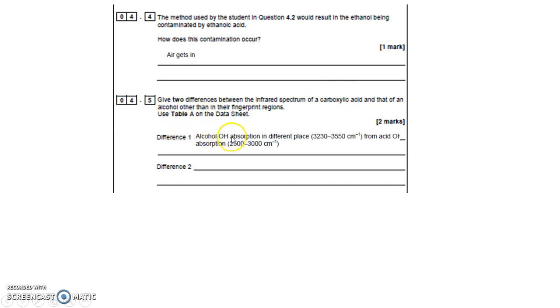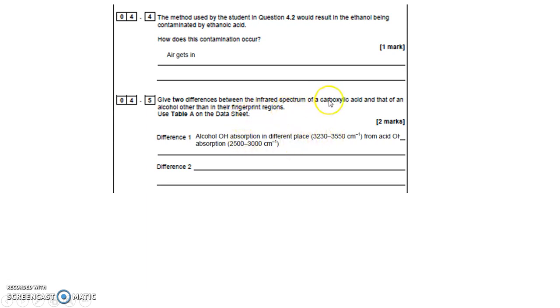So an alcohol OH absorbs infrared light at a different frequency from the acid OH absorption. In other words, you get an absorption peak for an OH of an alcohol at a different place than you get an absorption peak for an OH on a carboxylic acid. And it's always worth referring to and writing the numbers down from your data book.